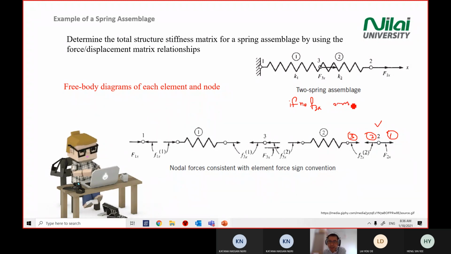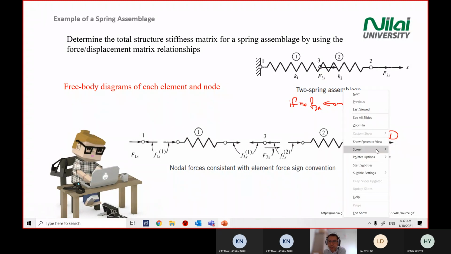The element will become like that. The force on element 2 will become like that. The force on the left-hand side will be balanced by the other side. So this is if no F3x. However, in this case we have F3x.